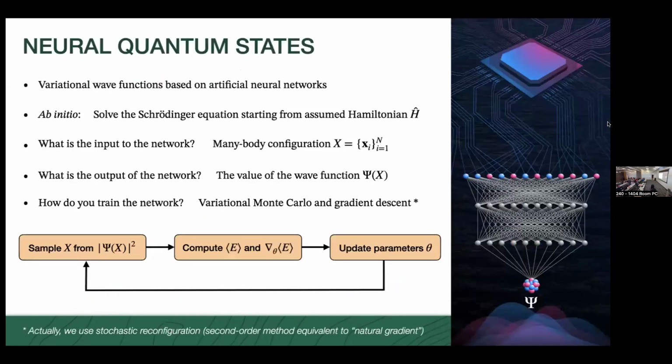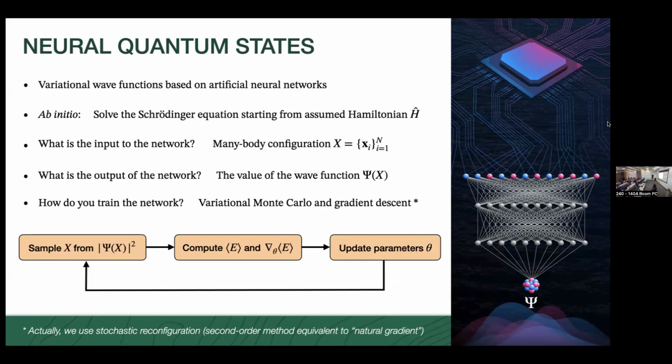But just a brief overview of neural quantum states, even though Bryce has already talked a lot about these details, I'll just reiterate. Neural quantum states are variational wave functions based on artificial neural networks. And just like other ab initio methods, you start from some Hamiltonian that governs the interactions between the particles of your quantum system, and you solve the Schrodinger equation. Again, the inputs to our network are the information coming from our simulation.